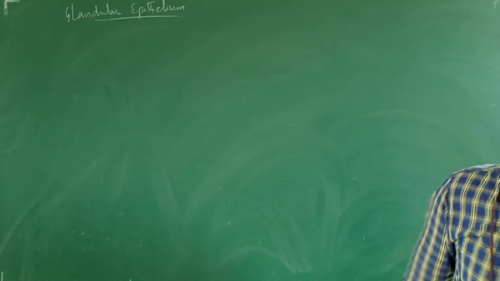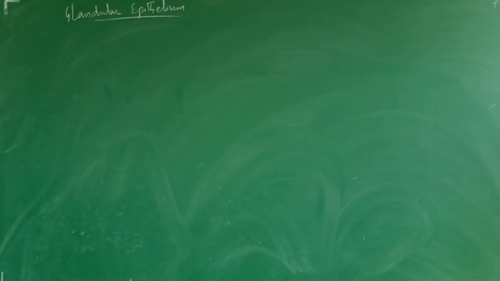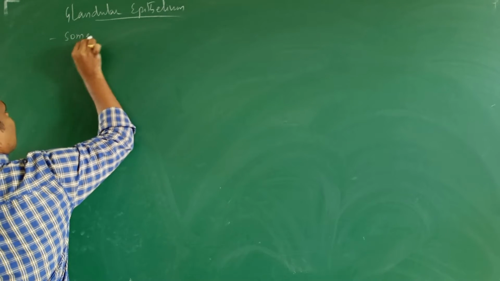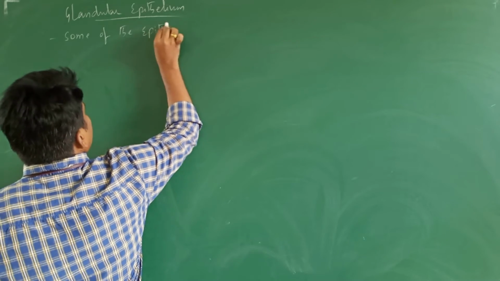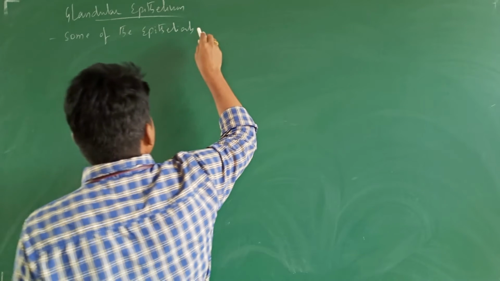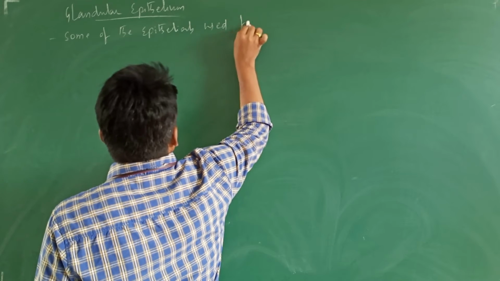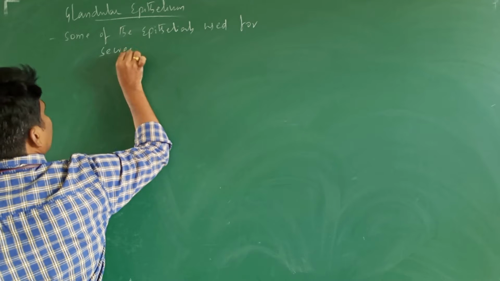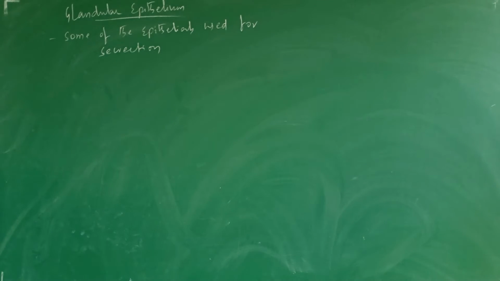Some of the epithelial cells, particularly cuboidal and columnar epithelial cells, are used for secretion.